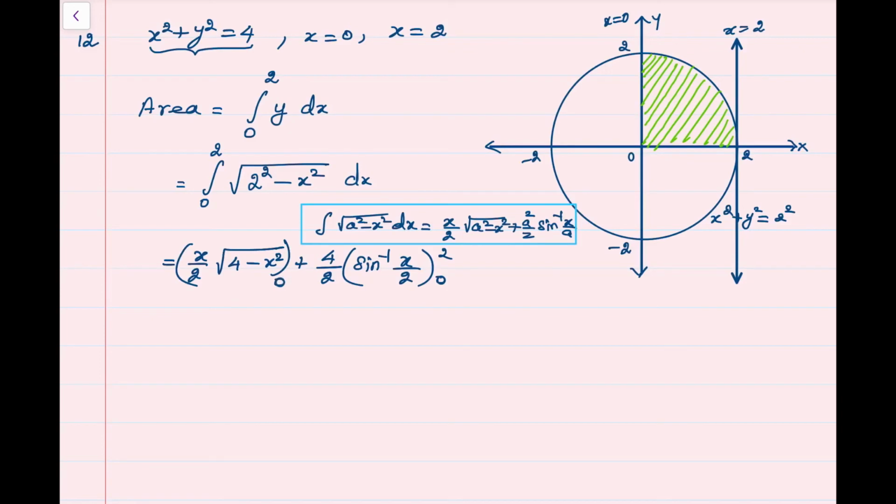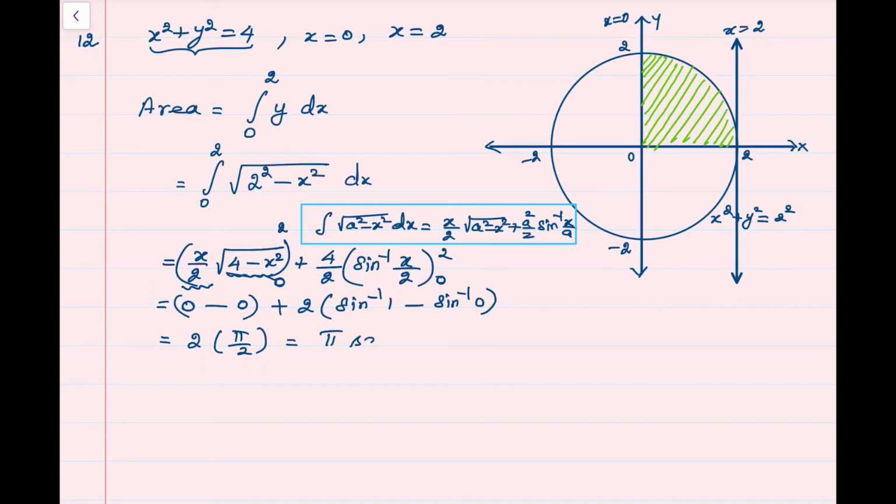Here also the limits are 0 to 2. Upper limit will become 0. The lower limit is also 0 because of this x. Plus 2 times sine inverse of 1 minus sine inverse of 0. And sine inverse of 1 is pi by 2, sine inverse of 0 is 0. Therefore, the answer is pi square units.